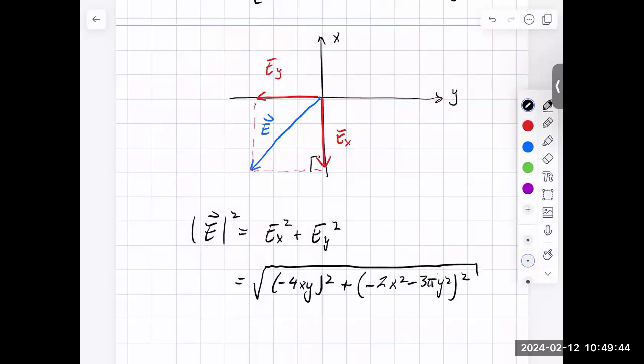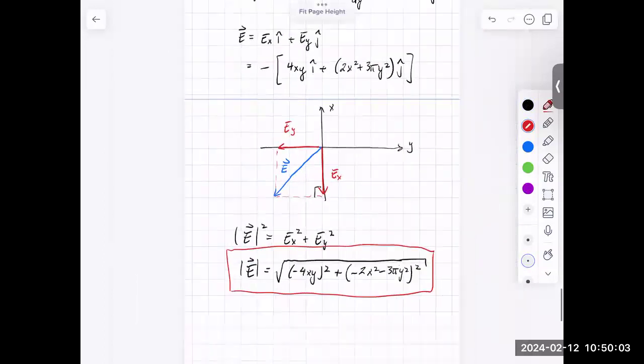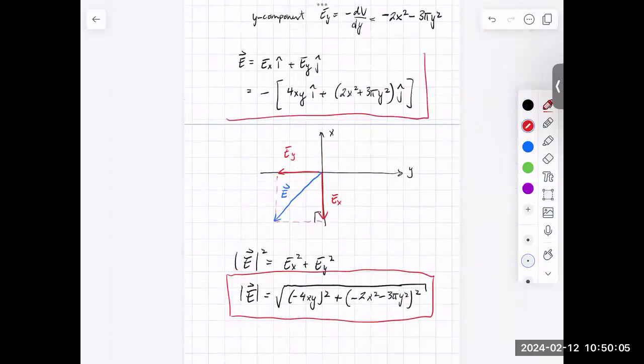Again, I put the minus sign in there, but I don't have to because I'm squaring everything, so we'll get a positive result. Nevertheless, this is the magnitude of the electric field. Okay, and then here is our electric field vector.